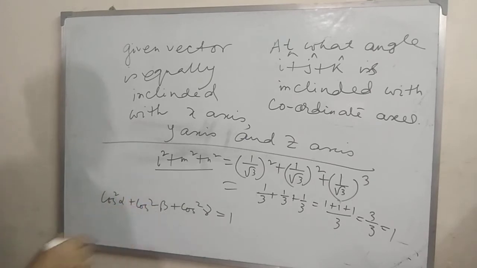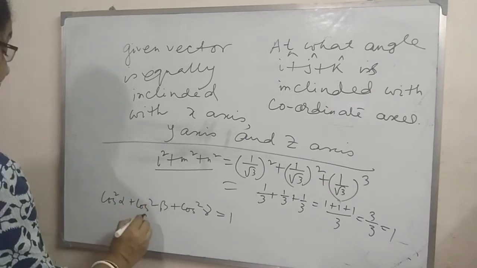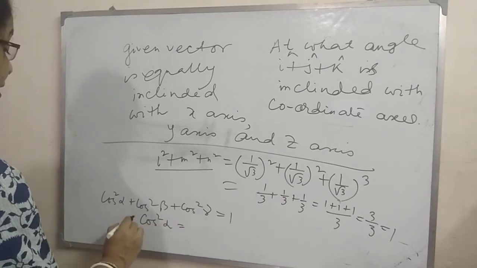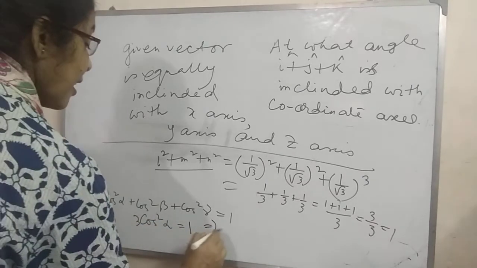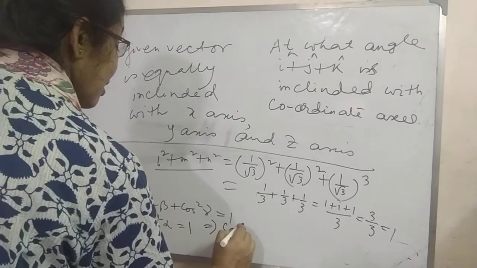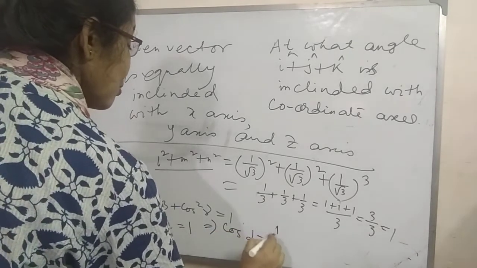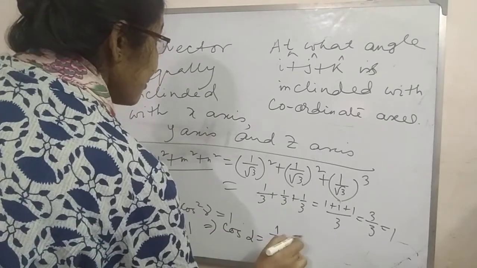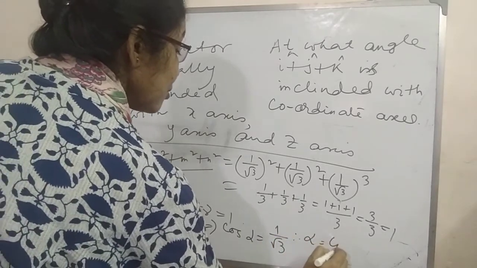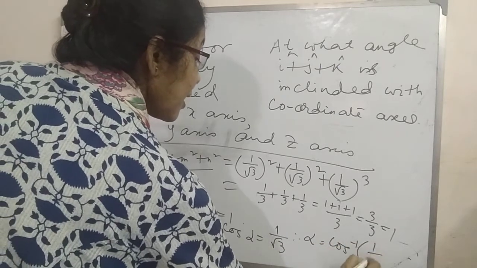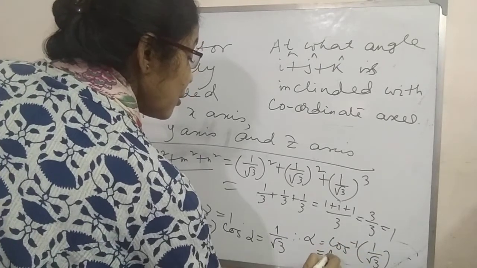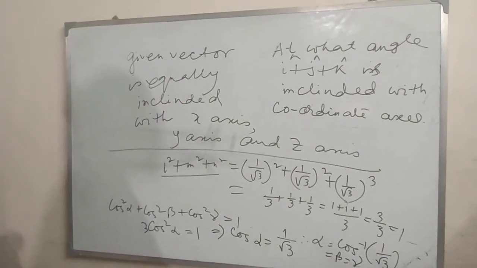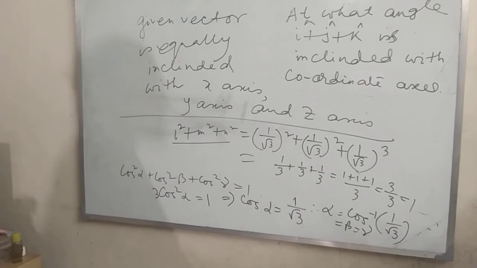Since alpha equals beta equals gamma, I can write 3 cos square alpha equals 1, and cos alpha equals 1 by root 3. Therefore alpha equals cos inverse 1 by root 3, and this equals beta and equals gamma.